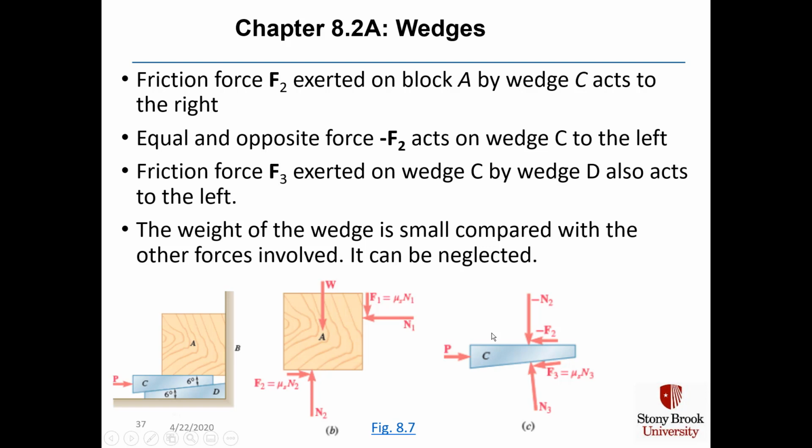Friction force F3, which is here, exerted on wedge C by wedge D also acts to the left. And the weight of the wedge is very small compared with all of the other forces involved, and it's routinely neglected from this type of analysis.